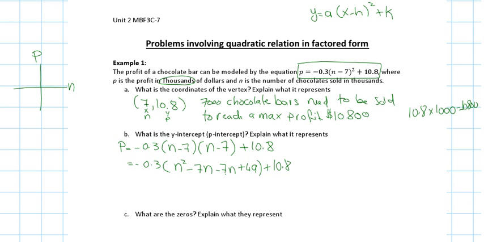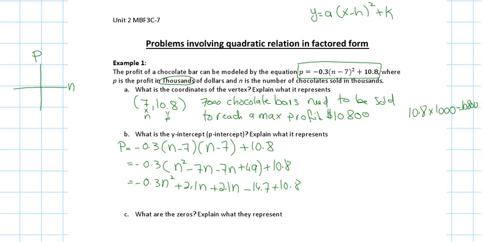If I multiply the negative 0.3 in, I get negative 0.3n squared plus 2.1n plus 2.1n, and then negative 14.7 plus 10.8.